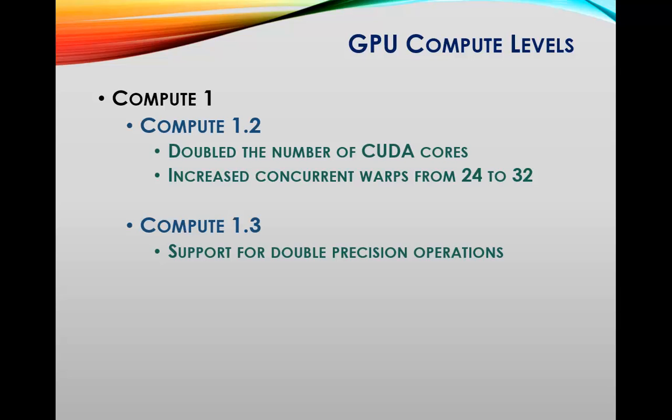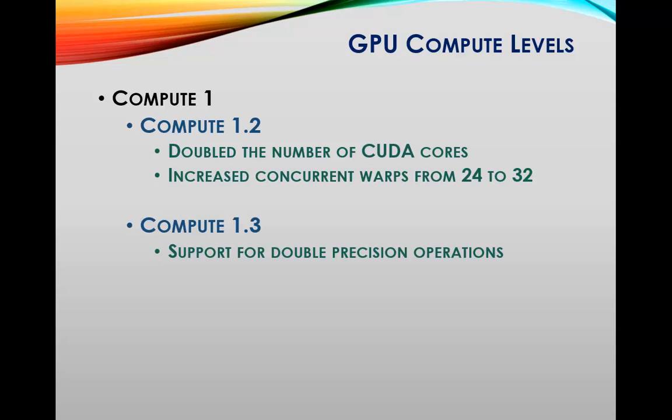In effect, this doubled the performance that could be exploited from the previous compute level. Also, there was an increase in the number of concurrent warps that a multiprocessor could execute. It used to be 24, and they increased that number to 32.